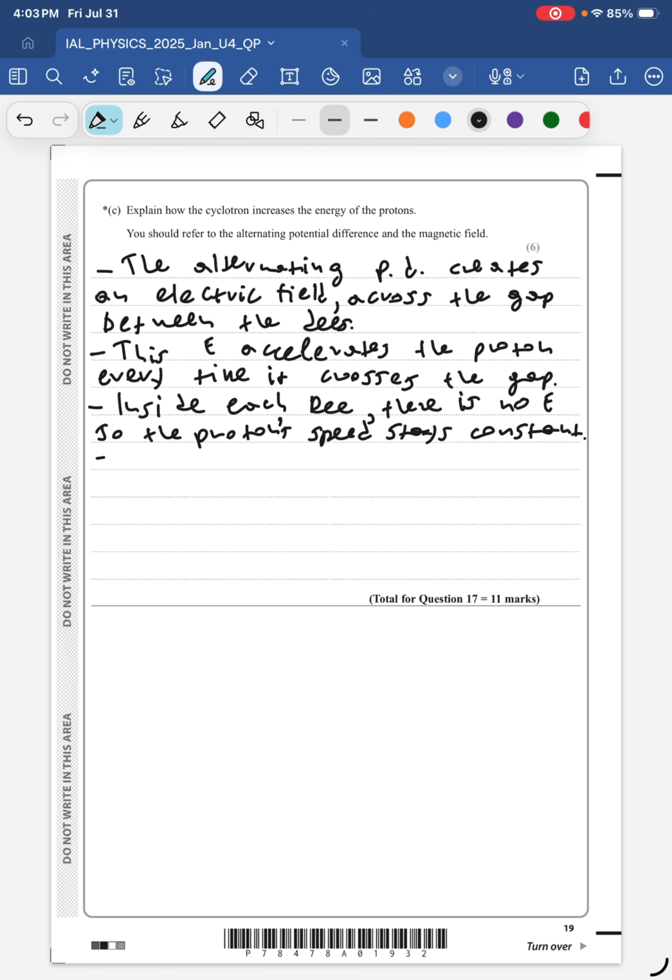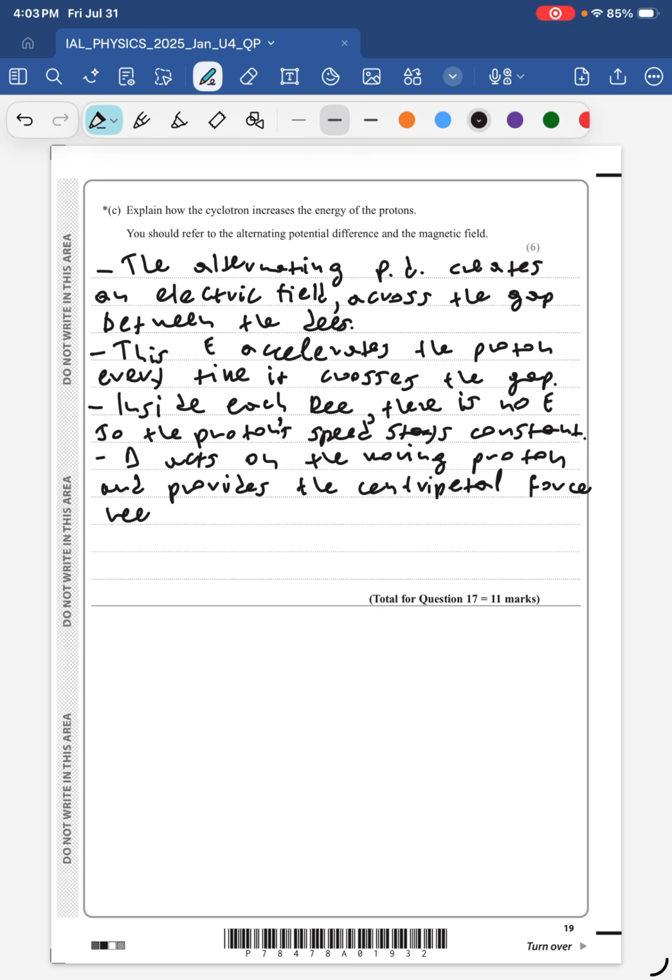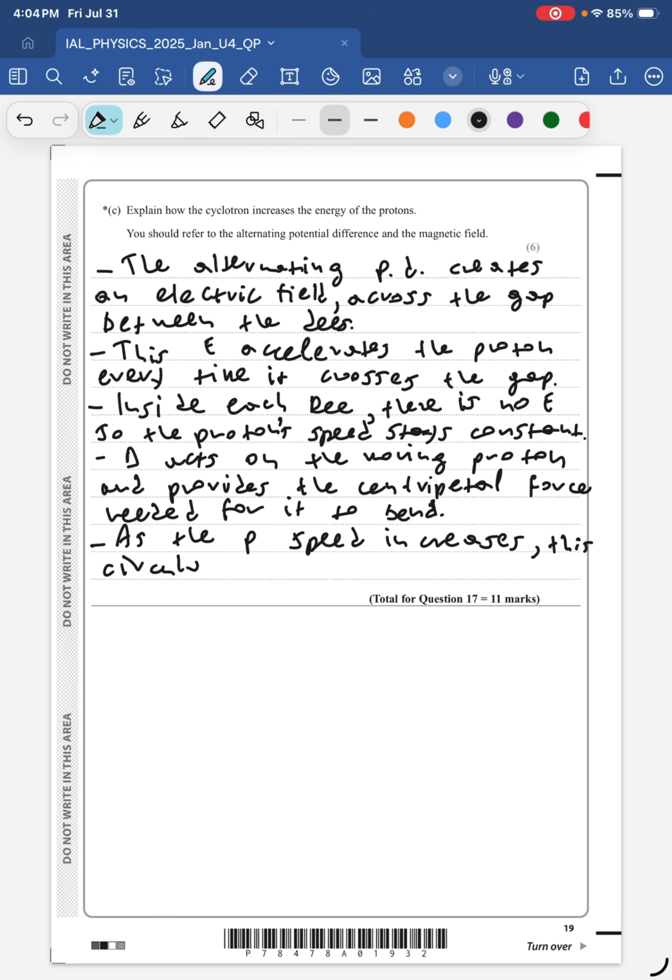The next thing is that B acts on the moving proton and provides the centripetal force needed for it to bend. As the proton's speed increases, this circular path has a larger radius each time.